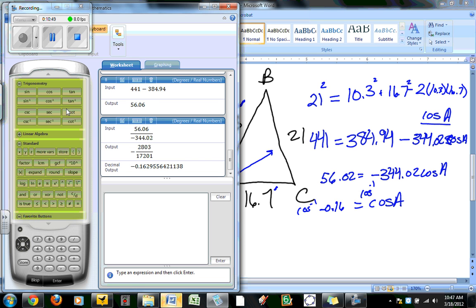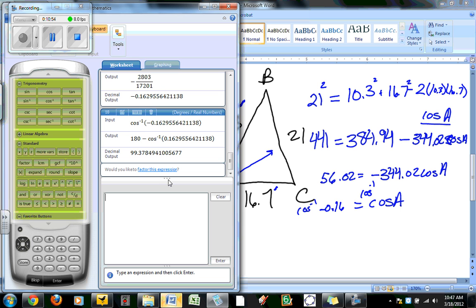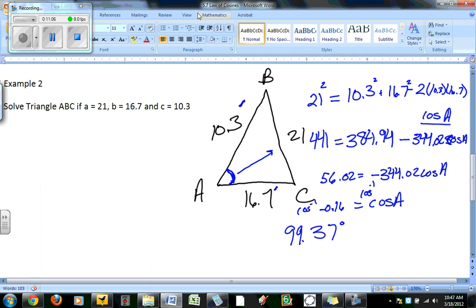So I'm going to take the cosine inverse of this number right here, and my output is 99.37 degrees. So 99.37 degrees is this answer.